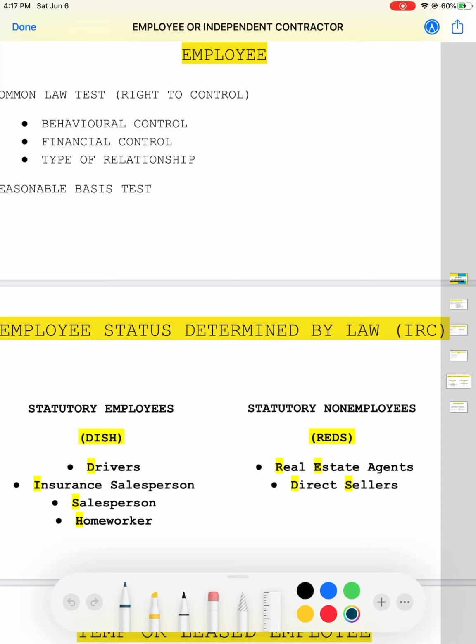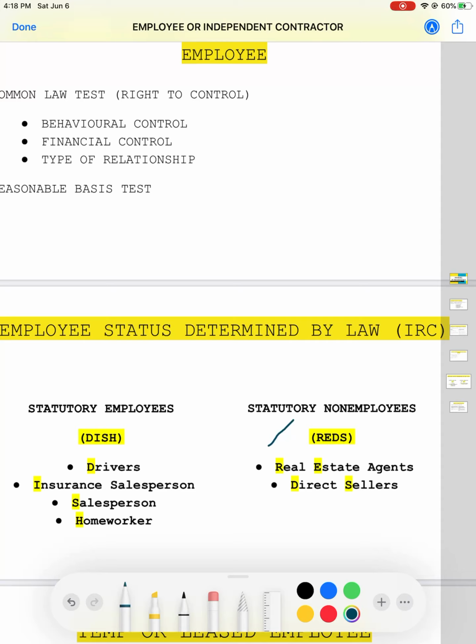Then there is a reasonable basis test. Even if the worker meets the definition of an employee under the common law test, the employer can treat the worker as an independent contractor and not withhold the taxes if there is a reasonable basis for doing so.